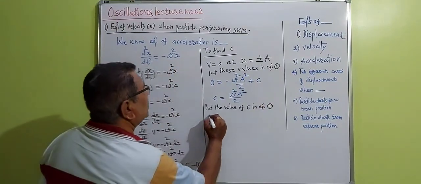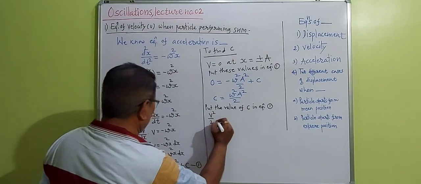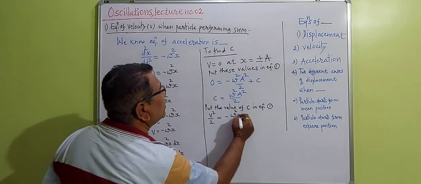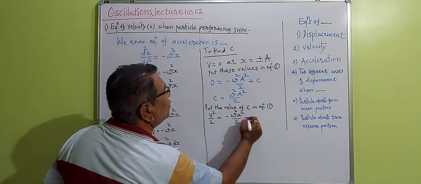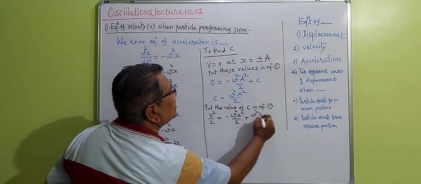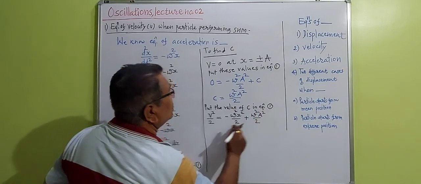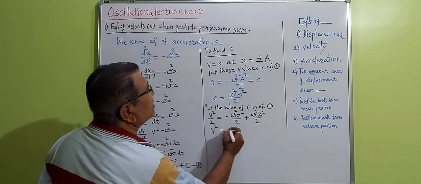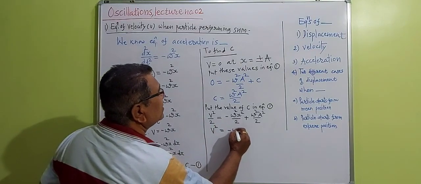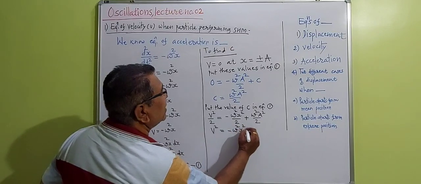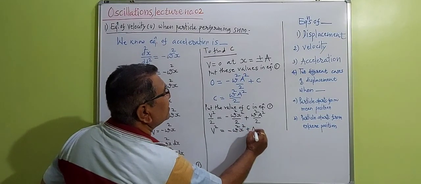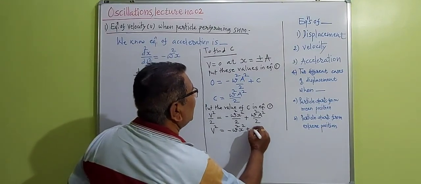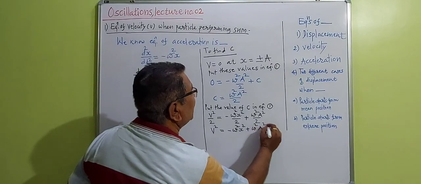We get v square upon 2 is equal to minus omega square x square upon 2 plus omega square a square upon 2. 2 gets cancelled and you will get v square is equal to minus omega square x square plus omega square a square.